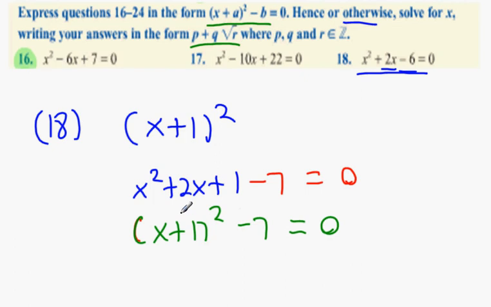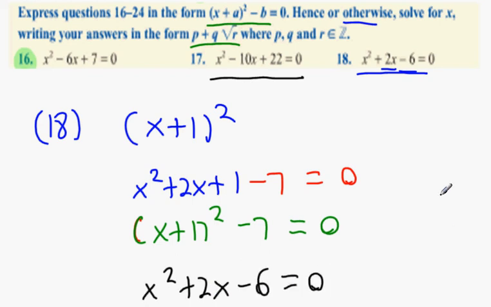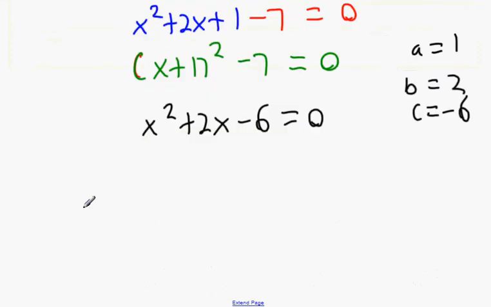These here indicate to us that we might have to use the minus b formula. So what I'm going to do is write it down the original way it was: x squared plus 2x minus 6 equals 0. What we're going to do is say a equals 1, b equals 2, c equals minus 6. We're going to do the minus b formula.